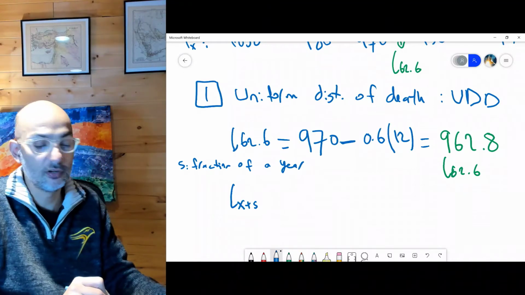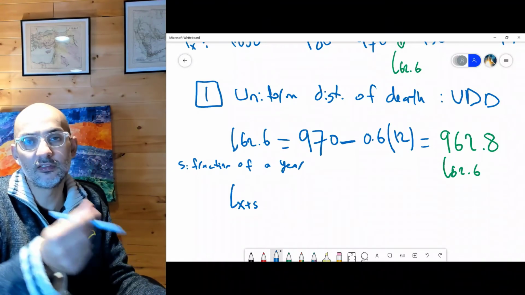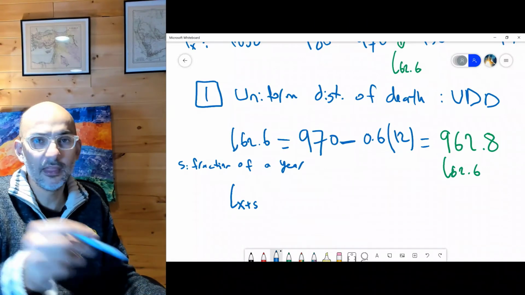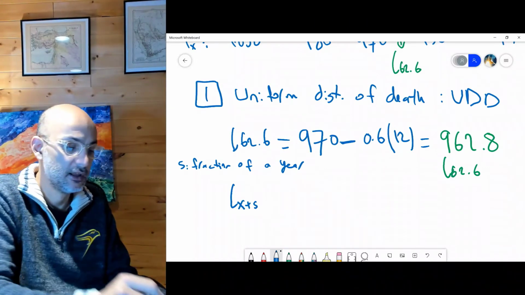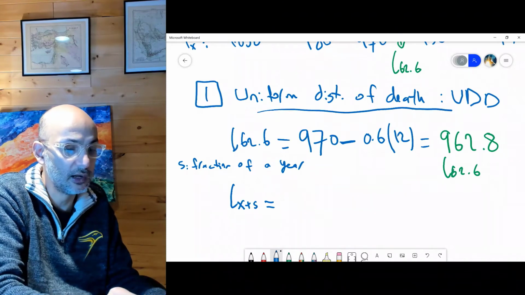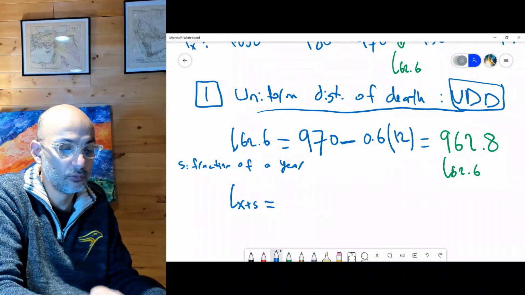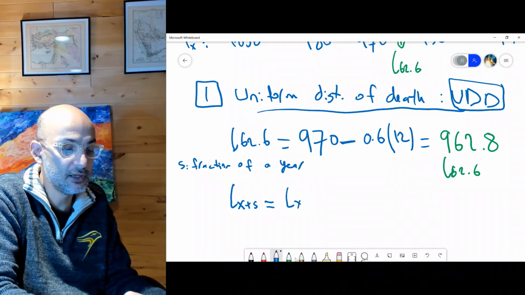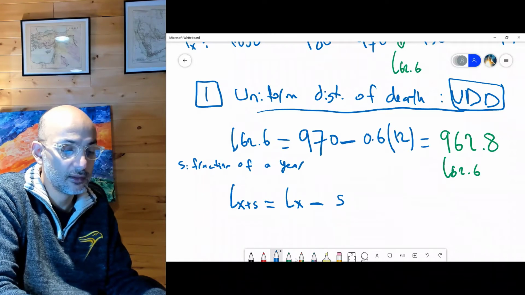So x is not the fraction, it's 2, 3, 4, 5, 50, 60, and then s is the fraction. So what we did under the uniform distribution of deaths, under UDD, is you take Lx, the cohort at the beginning of the year, and you subtract from it s multiplied by d of that year.